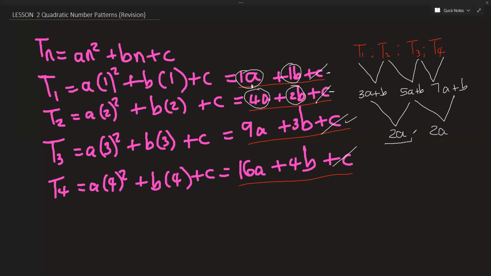The second difference, D2, is always equivalent to 2a. When you subtract term 1 from term 2, you get 3a plus b, and term 1 is a plus b plus c.